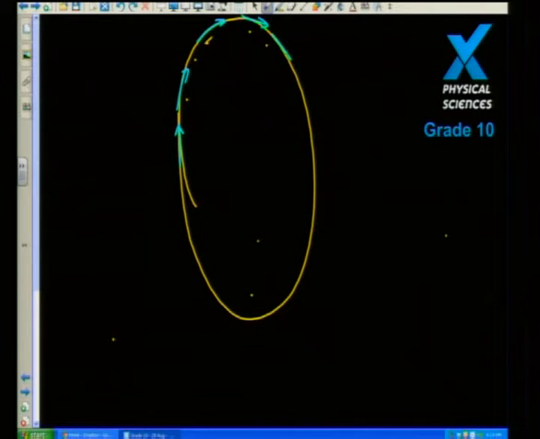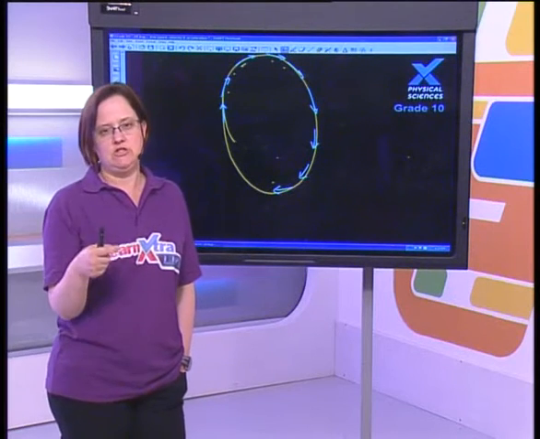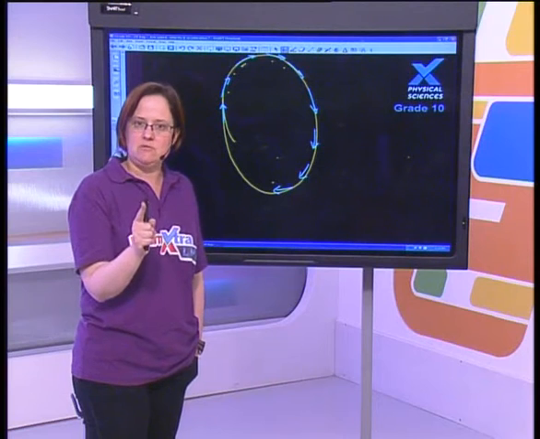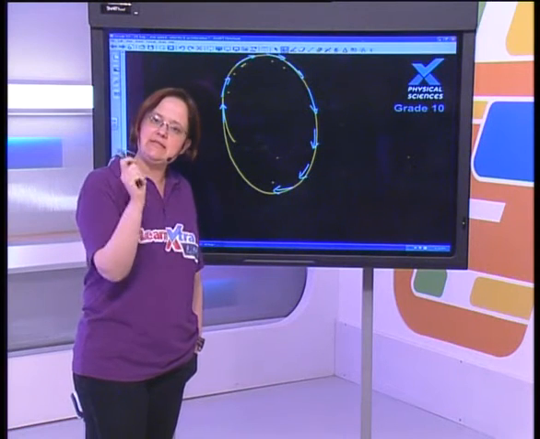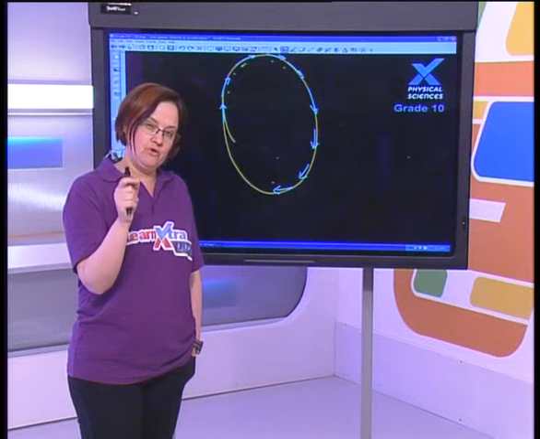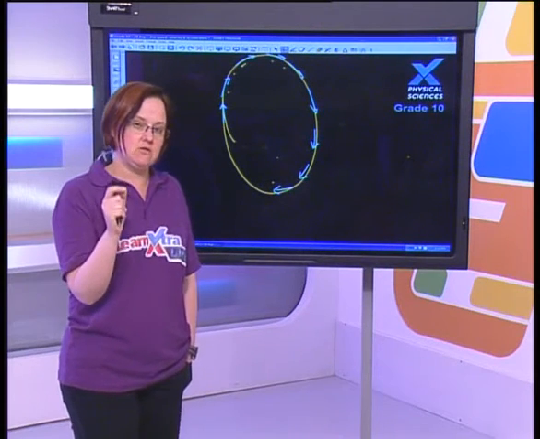If we draw little tangents, can you see that the direction keeps changing as he goes round? Because his direction is changing, his velocity is changing. Not in magnitude, but in direction. That means the velocity is not constant. Very important for you to get this.